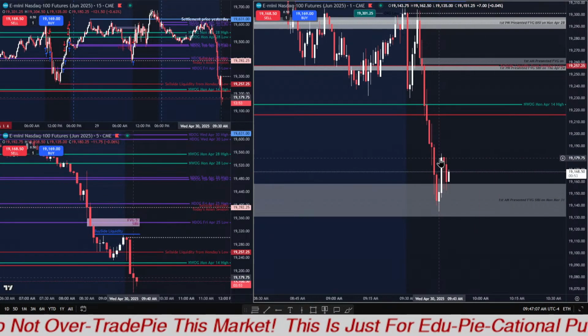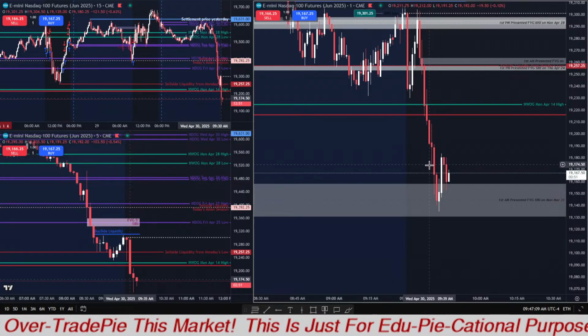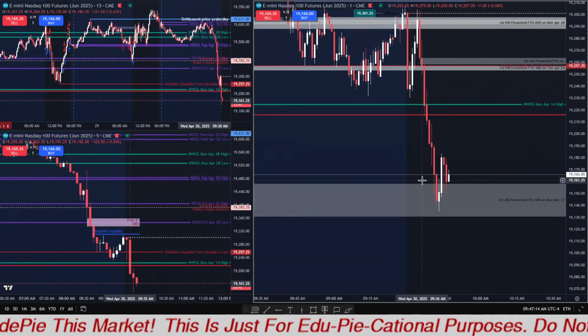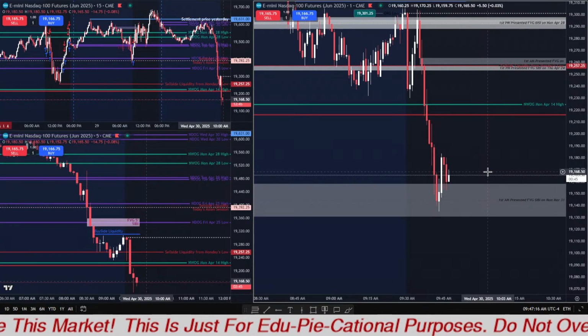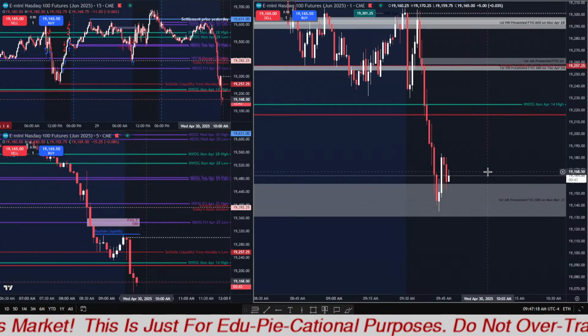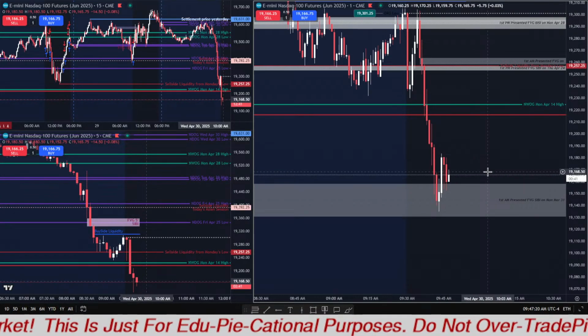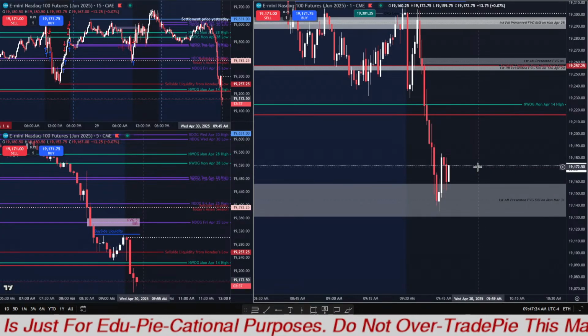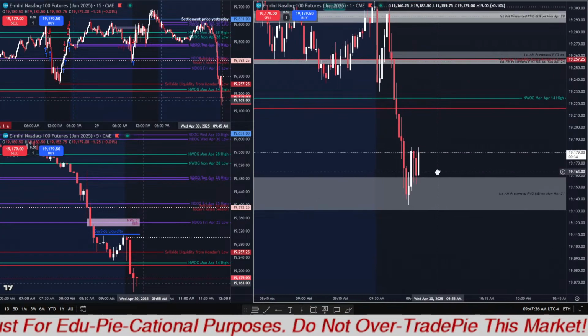So far the candles are respecting this BC front over here. And now we are just consolidating before the macro time.